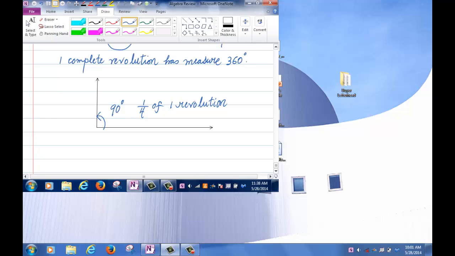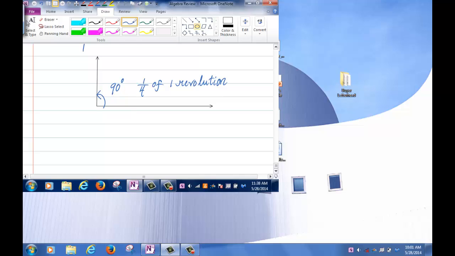Yeah, I'm going to show you that. One tail, yeah. I'm going to show you that in a second. So let's say I have the initial side again. Let's say the initial side is here right now, and this is the tail here, and then I have the terminal side on the initial side right now, and I'm going to revolve the terminal side 1/2 of a revolution.